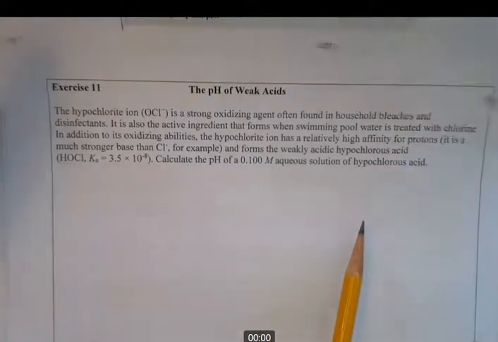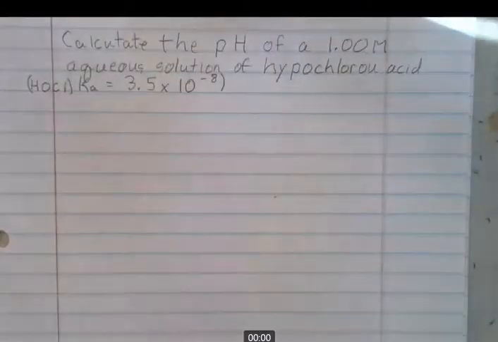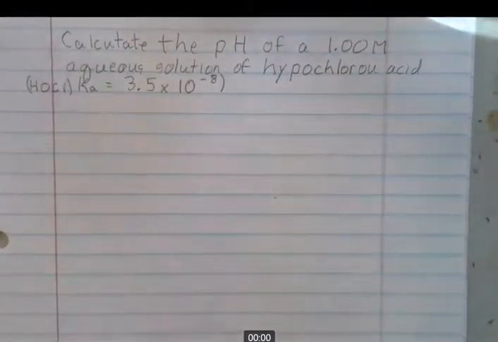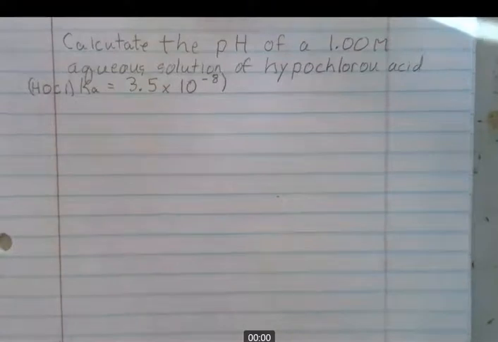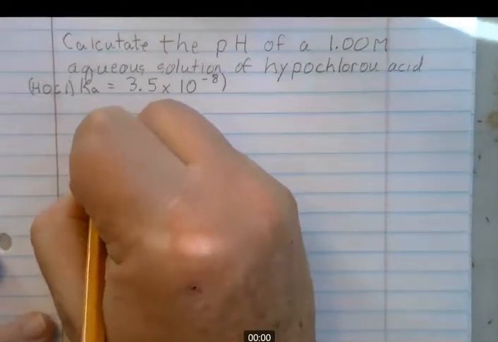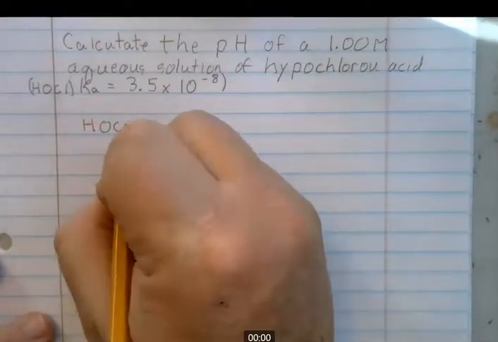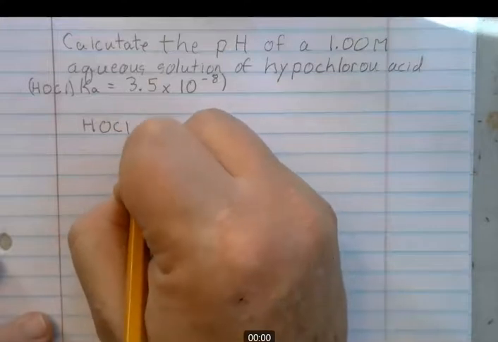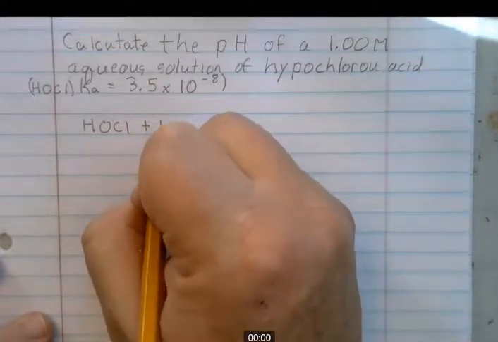So let's go ahead. I'm going to do that on a separate piece of paper. I copied effectively that last line on this paper. So let's write the equation. HOCl, so that's an acid. That means it's going to donate a proton. It's an aqueous solution, so it's going to donate it to water.